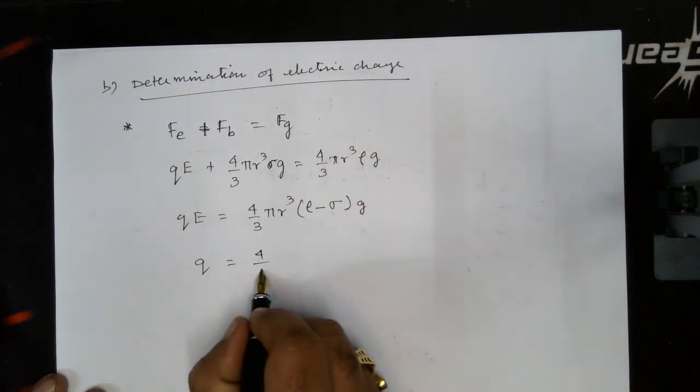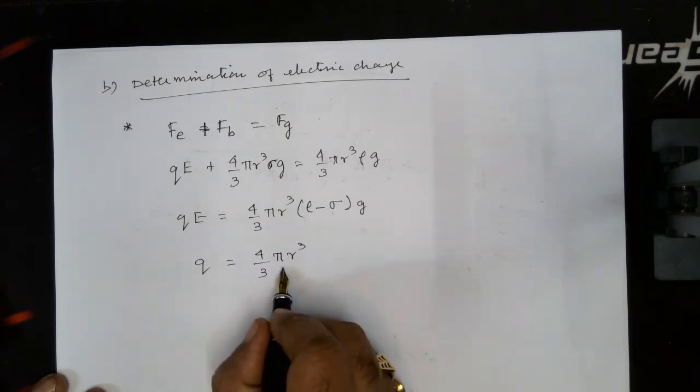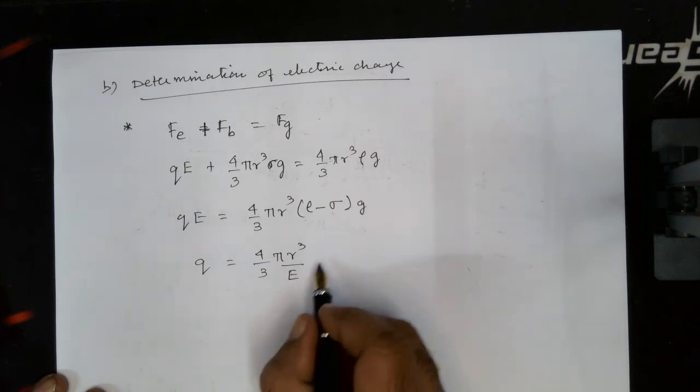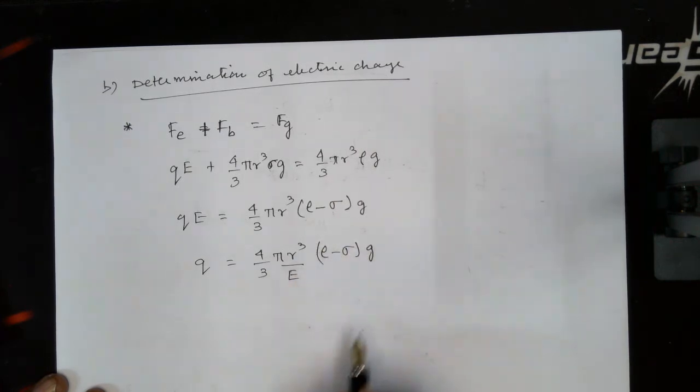So 4 by 3 pi r cube divided by e into rho minus sigma into g, correct?